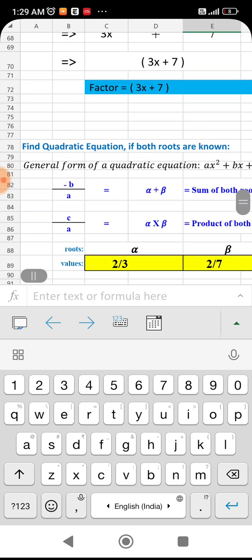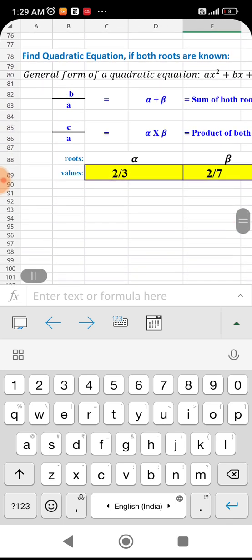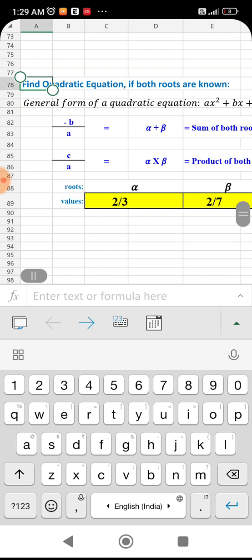Now here is another MCQ problem. Find the quadratic equation if both roots are known. That means we know the two roots, but we don't know the equation.